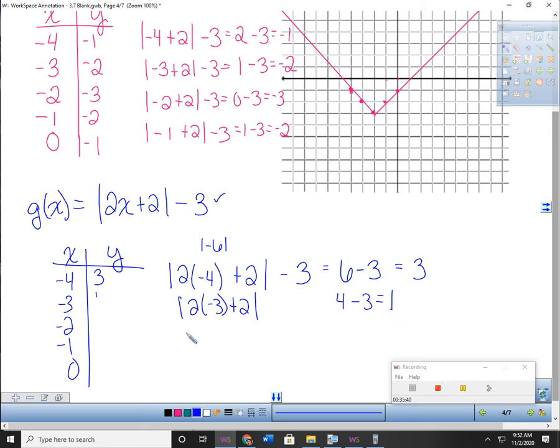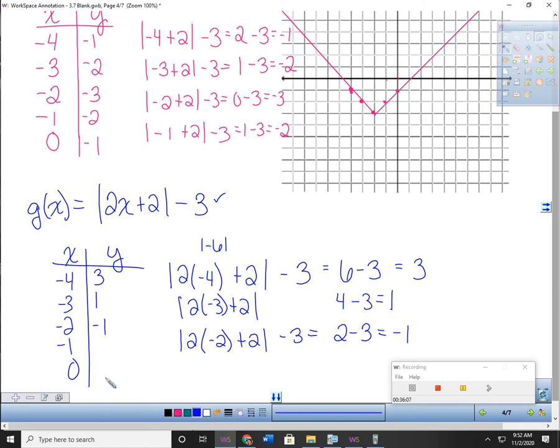Then we'll do negative 2, so 2 times negative 2 plus 2, and then the minus 3. So that's going to give you negative 4 plus 2 is negative 2, so you get 2 minus 3, which is negative 1.